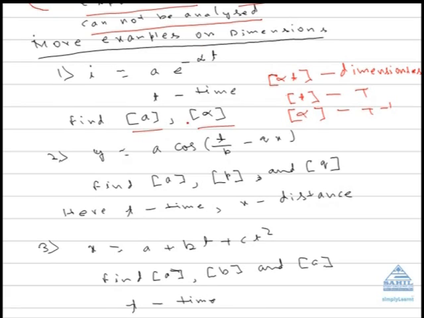So we have the dimension of a equal to the dimension of I. Here I is current. So the dimension of a is the same as the dimension of current.